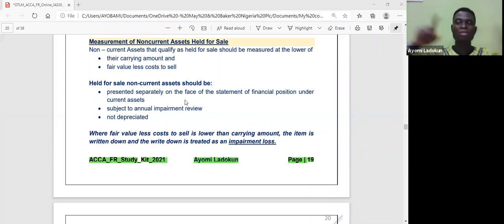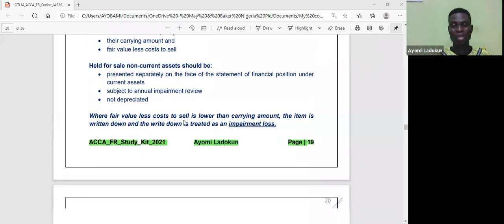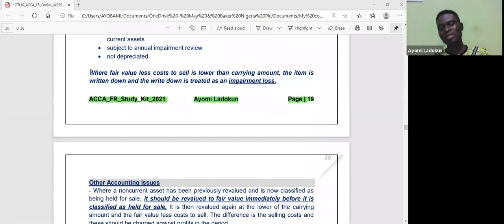That means I will write it down from 500 to 300 because I have to go for the lower. Something has happened. What has happened? Impairment loss. So that 200,000, I take straight to P or L because I have to write that asset down.